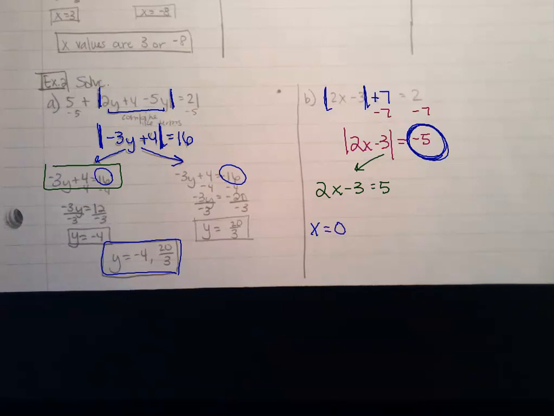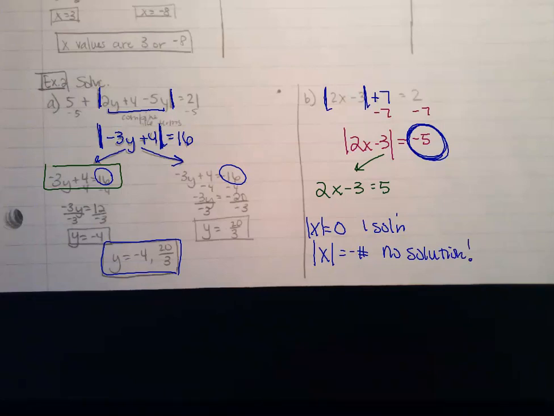The absolute value of X equals 0 only had one solution. And the absolute value of X equals a negative number is no solution.